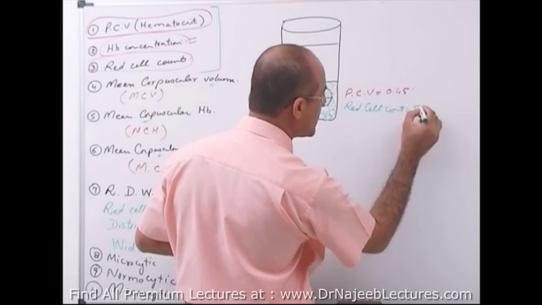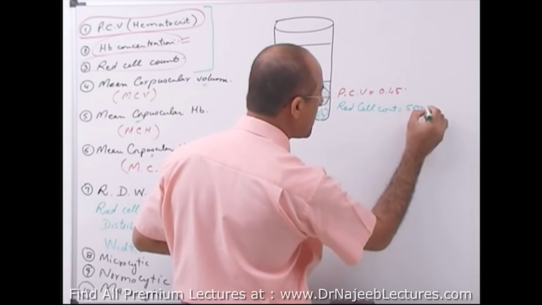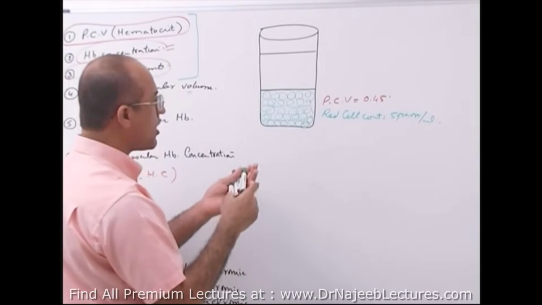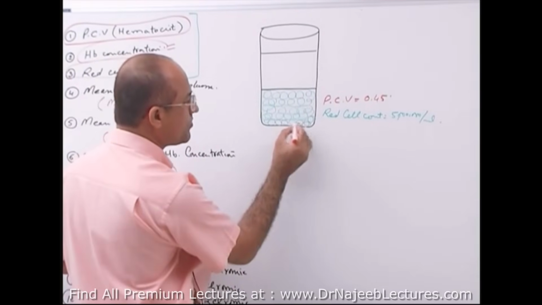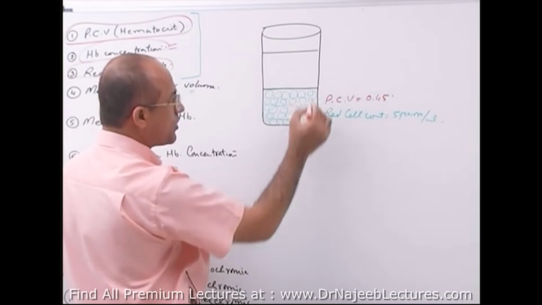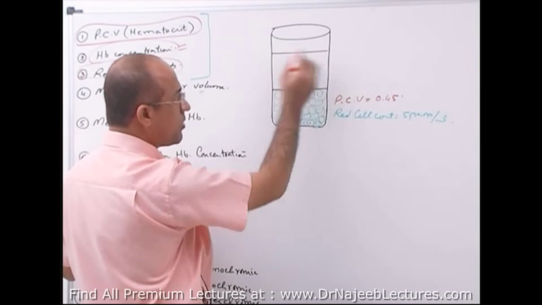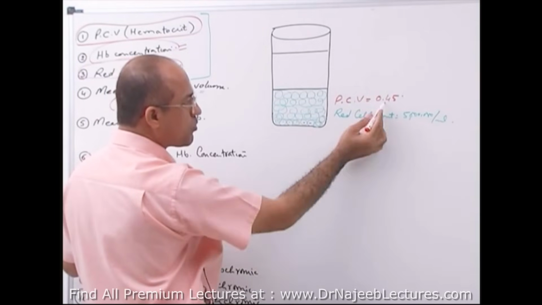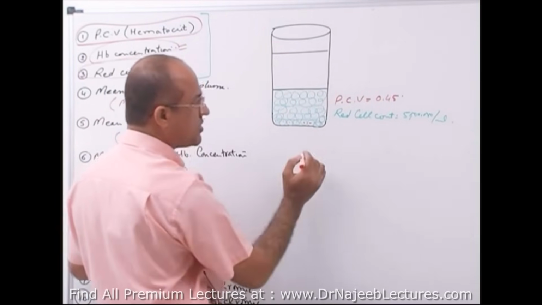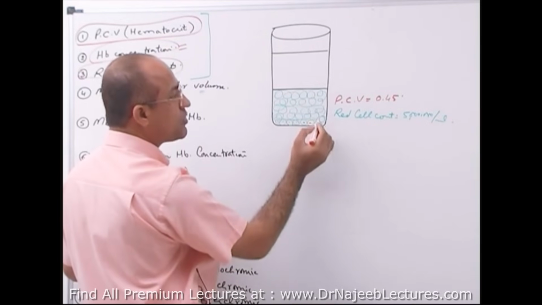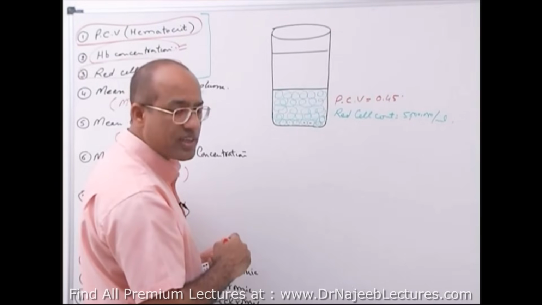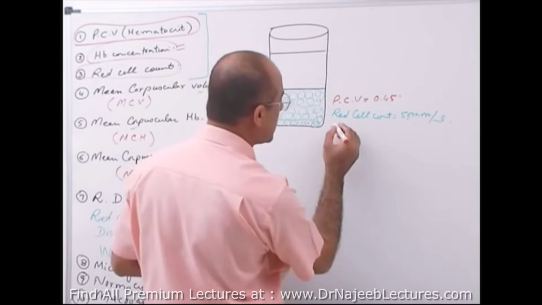That was 5 million per ml. Is that right? Then we talked about hemoglobin concentration. You remember? Now we said in this total unit of blood, packed cell volume was 0.45. Every ml was containing 5 million RBCs, and the hemoglobin which was packed in these RBCs, that was making what percentage? 15 grams, 15%.